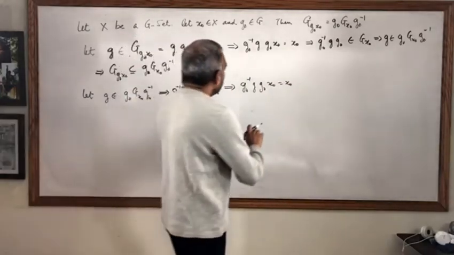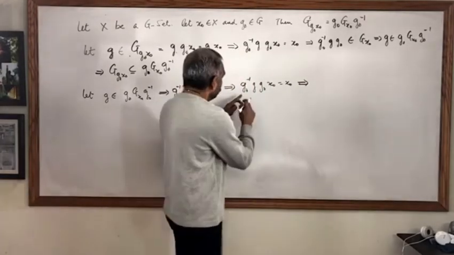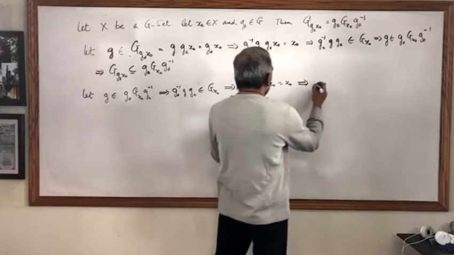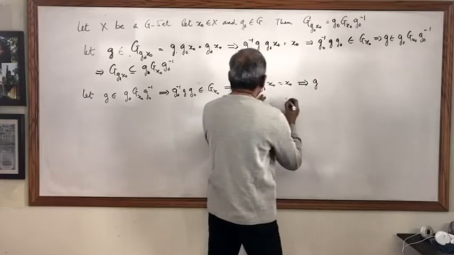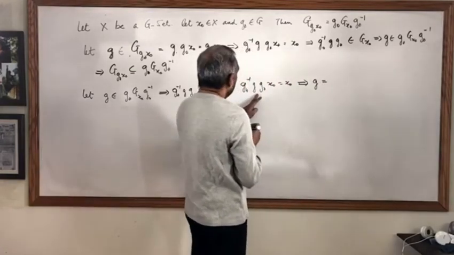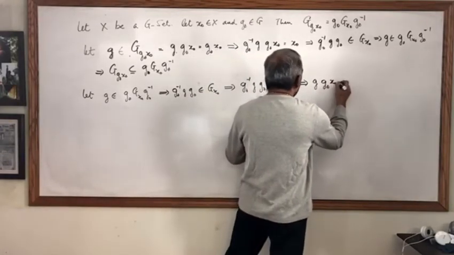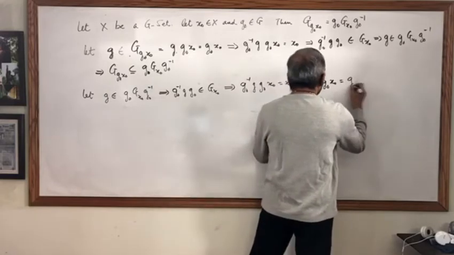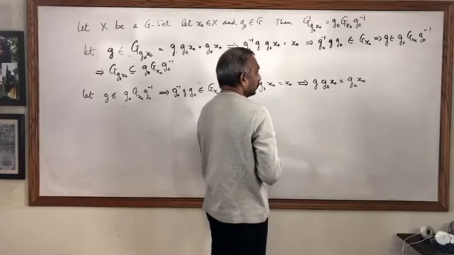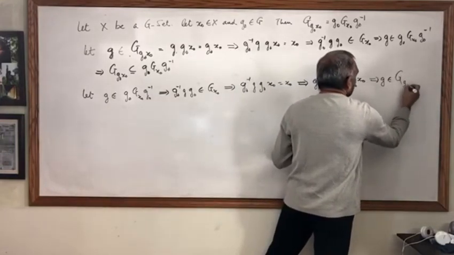So this implies you take the g0 on the other side, so g g0 x0 equal to g0 x0, and this implies g belongs to G_{g0 x0}.